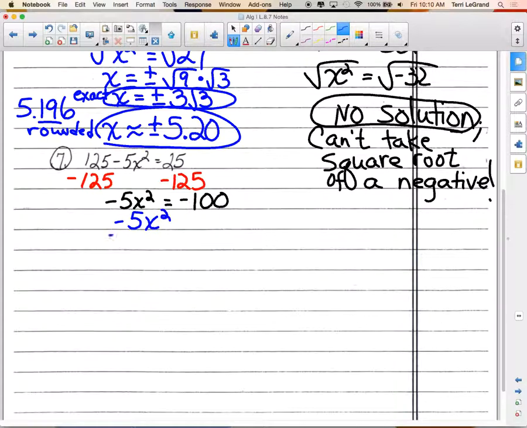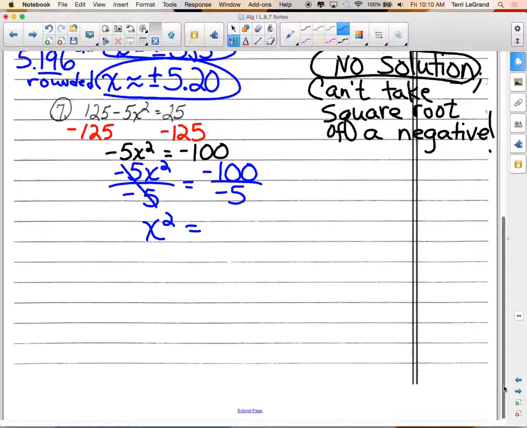Since the way we set it up, we need to first make sure that we've done everything we can do so that we have a positive 1x squared. And what's negative 100 divided by negative 5? 20. Well, we took care of our problem, didn't we? We have a positive number. So we're going to take the square root of both sides.